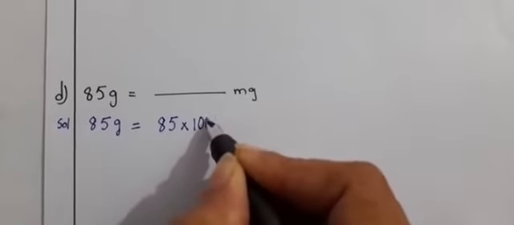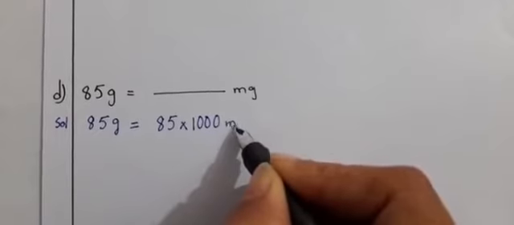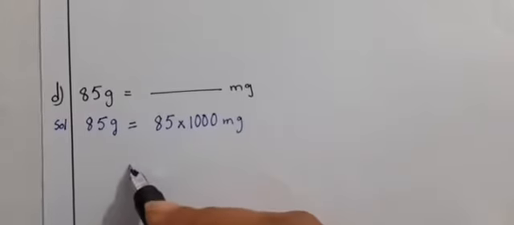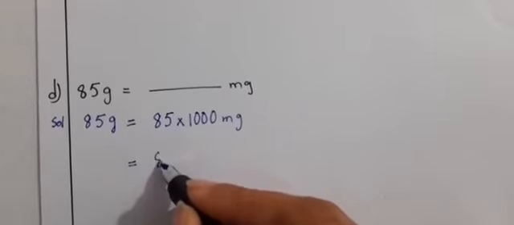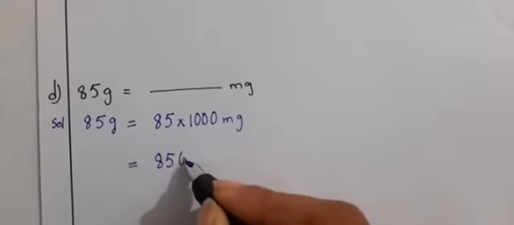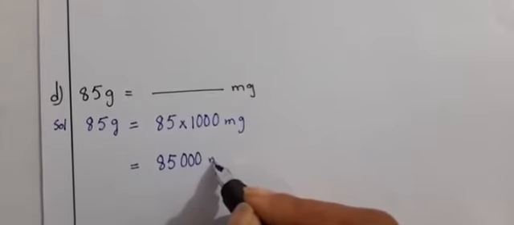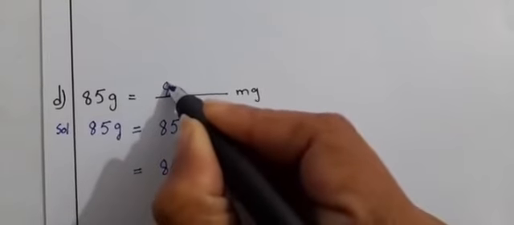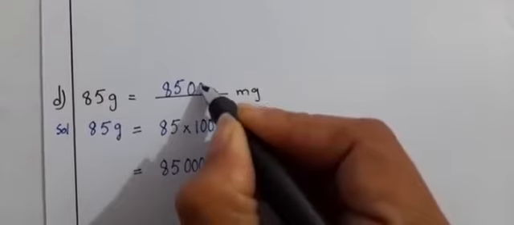The gram is now converted into milligrams because we are multiplying. So 85 thousands milligram. This is our answer. In the blank we will write 85,000.